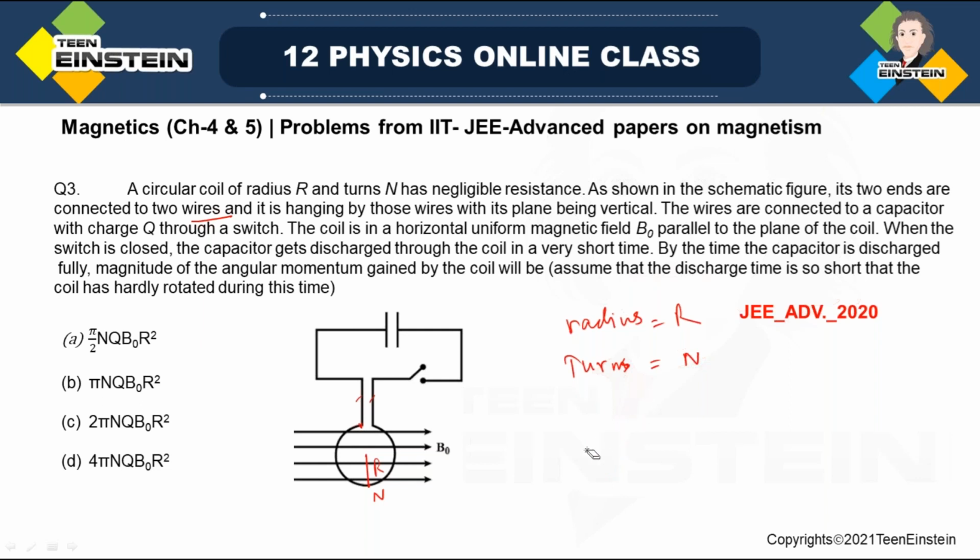It is standing vertically, like any wheel does. So this is the vertical plane. This coil has the vertical plane.